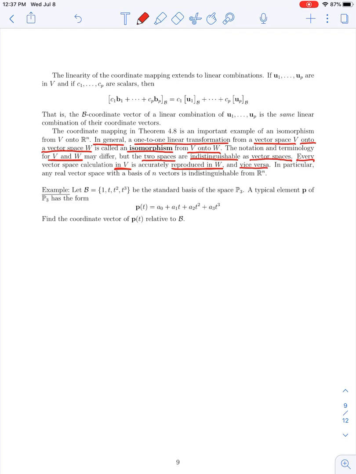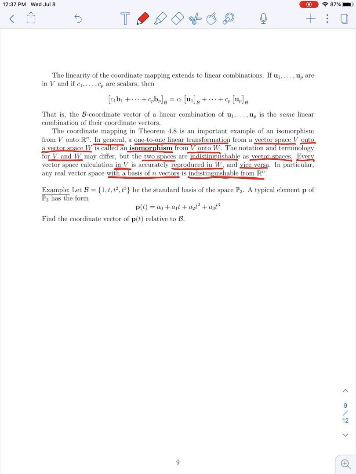So where this comes into play for our course is that any real vector space which has a basis of n vectors, using our coordinate mapping, we can show that that vector space is isomorphic to Rn and is therefore indistinguishable from Rn.